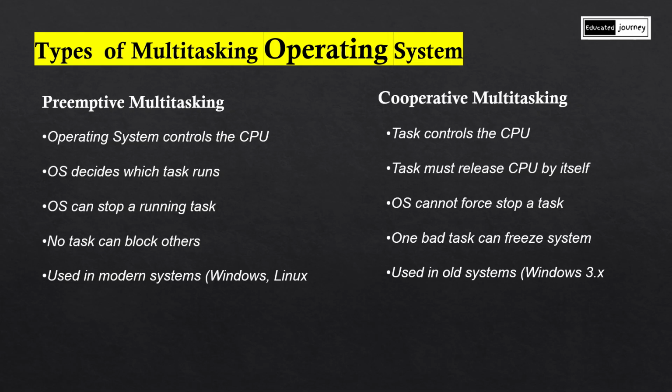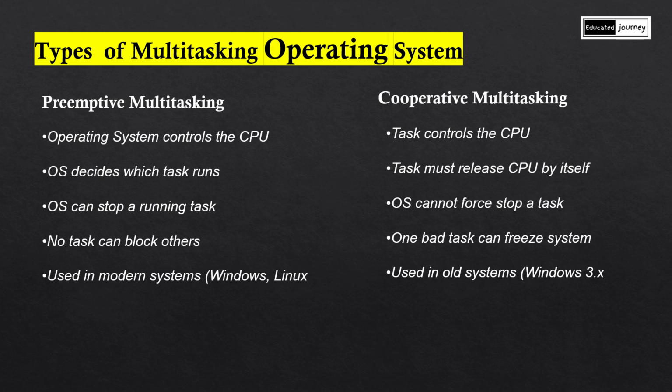There are two types of multitasking operating system. Type 1 is preemptive multitasking operating system. Here the operating system decides which program should use the CPU and for how long. Even if the program is running, the operating system can stop it in between and give the CPU to another program. This is done to make sure that no single program uses the CPU for a long time.